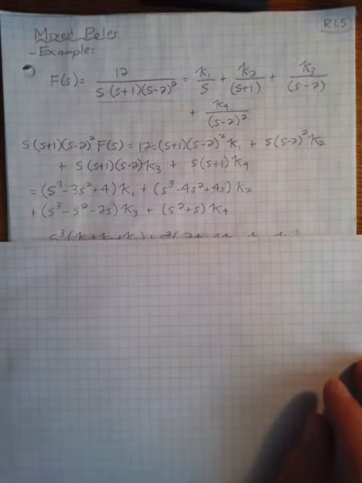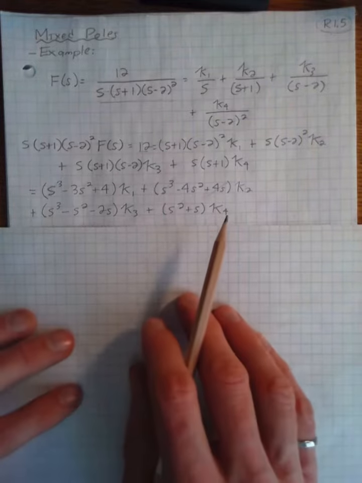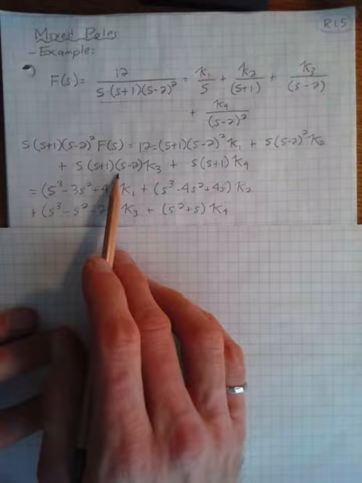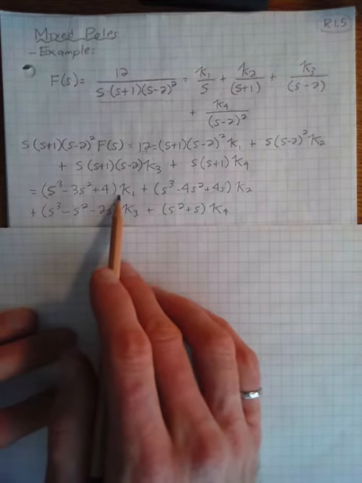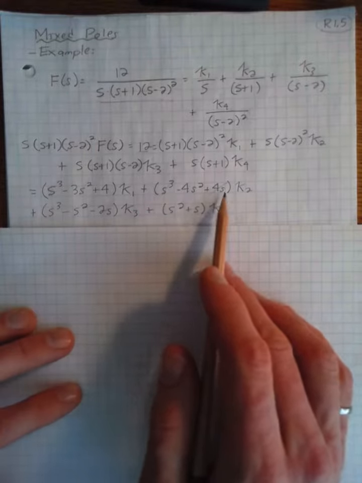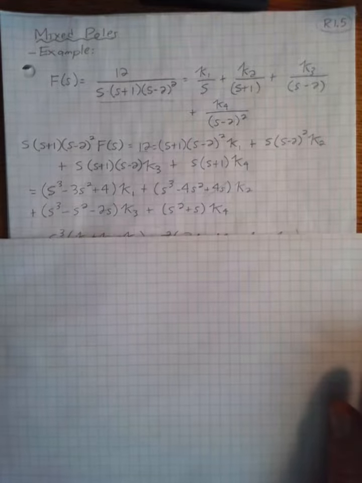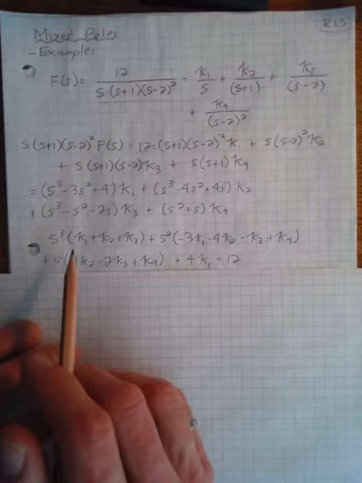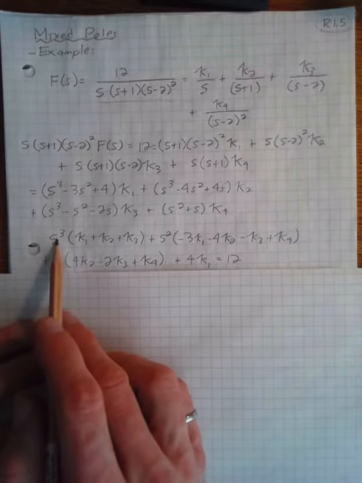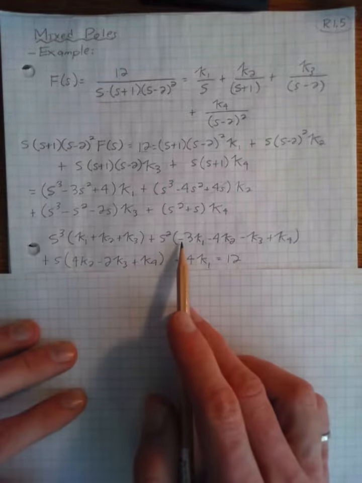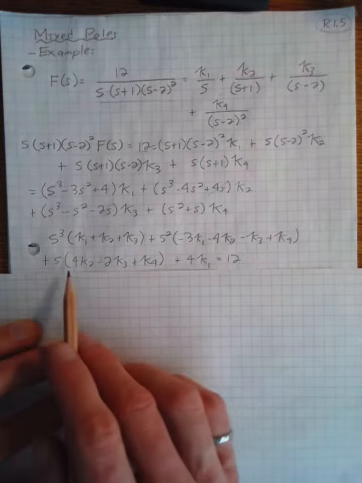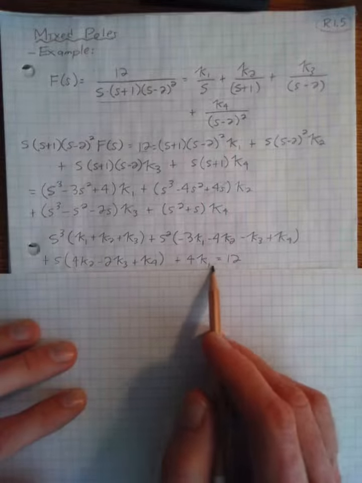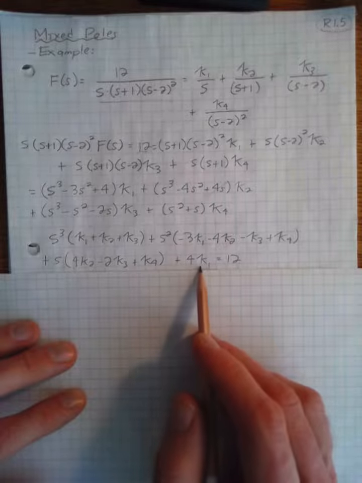So I expand out these brackets, and this is what is multiplied by k1, this is what's multiplied by k2, and so on. Then what I do is I group all the values of k that are multiplied by s cubed, all the values of k that are multiplied by s squared, and all the values of k that are multiplied by s, and then the remaining values of k that are just hanging around.